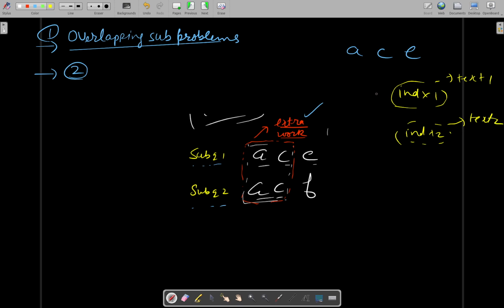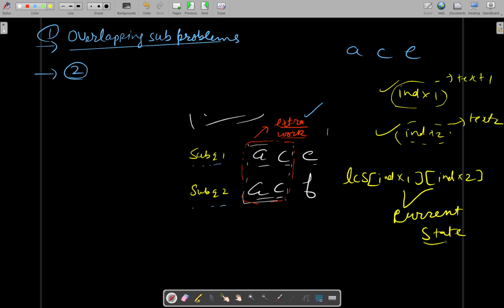So the current state will be represented by these two variables. Okay, so your current state will be represented by these two state variables. So let's call this LCS. LCS of, if you want to know LCS of index 1 and index 2, then you should be knowing your previous states. This one is your current state.